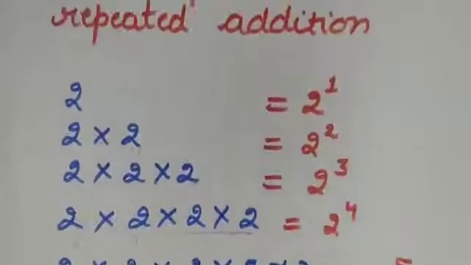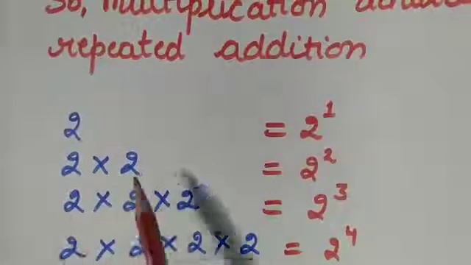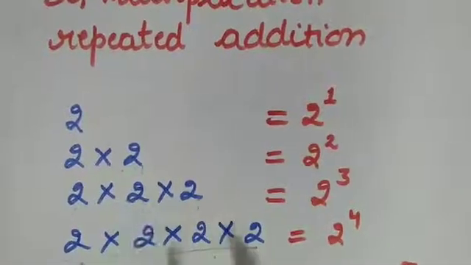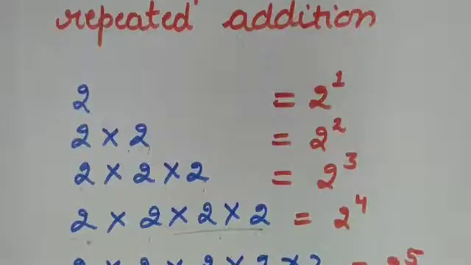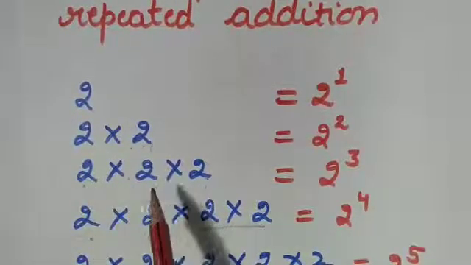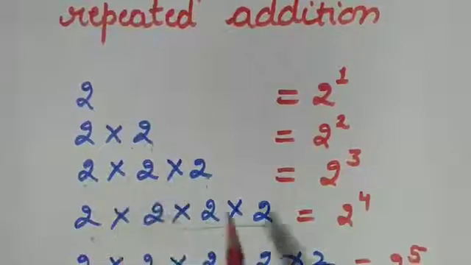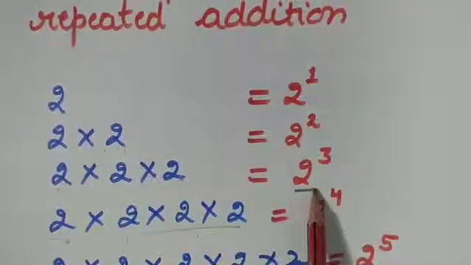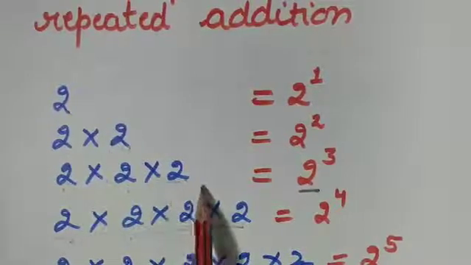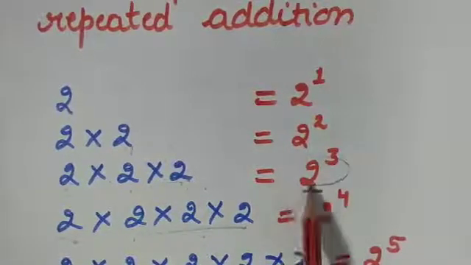So 2 multiplied with itself 3 times is written in this manner.